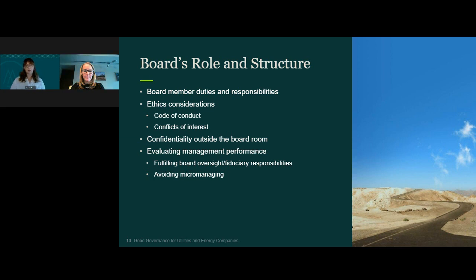And then evaluating management performance. That's both fulfilling your fiduciary responsibility and making sure that we're making good decisions, but also avoiding that micromanaging piece. I'll get into that a little bit later, but really what we want to do is focus on outcomes and not necessarily on the day-to-day, because we have management and staff, we have our CEO or executive, to decide the how, and we really focus on the what.